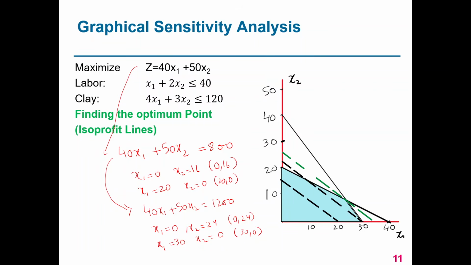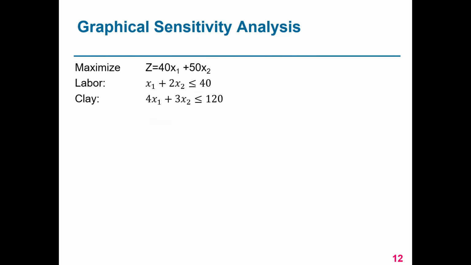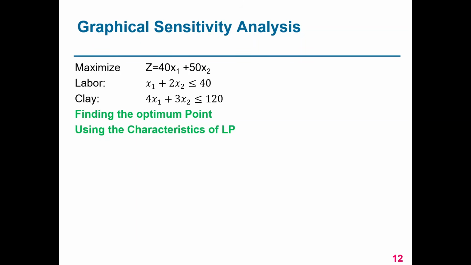But as you can see, this is a very cumbersome approach. We have to draw lines repeatedly, and only then can we find the optimum point. So another approach to finding this optimum line is by utilizing a few characteristics of a linear programming problem.